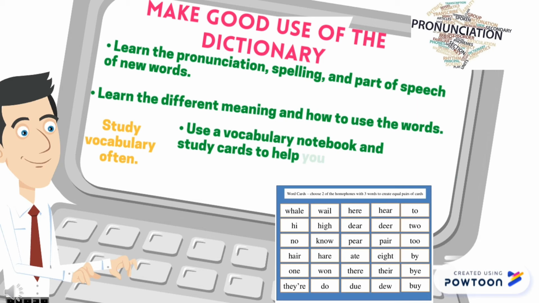And point number 2, to learn the different meanings and how to use the word. For example, how we are going to differentiate between noun, verb, adjective, adverb. And also it's important to use a vocabulary notebook and study cards to help you learn and review new words.